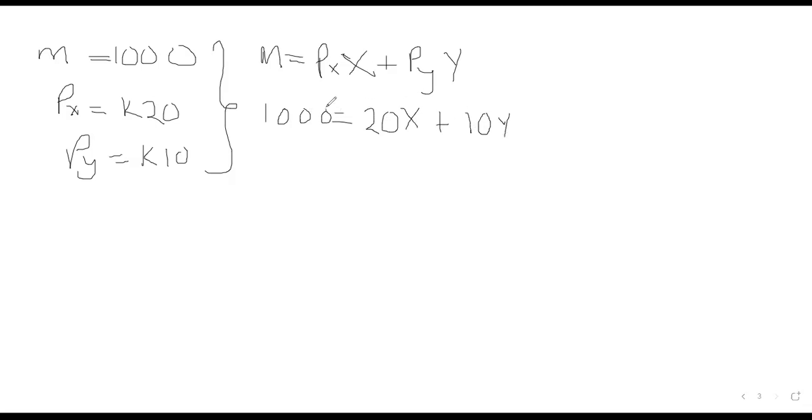So how do we plot this budget line? We simply divide the intercepts here.